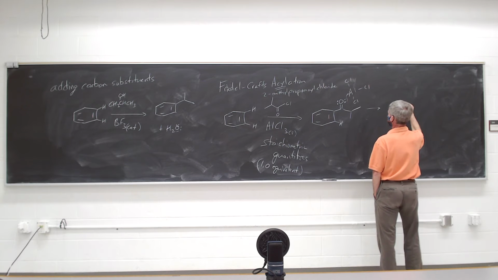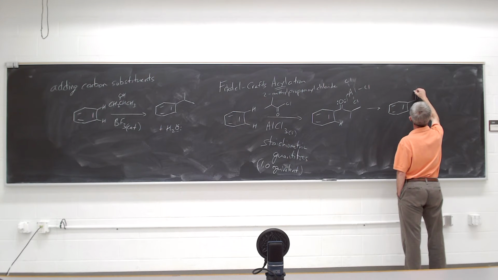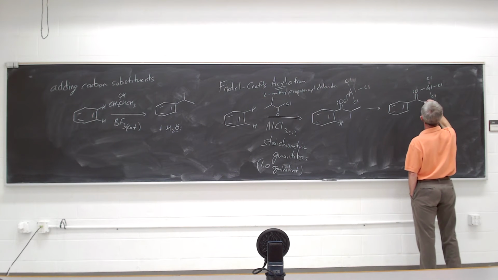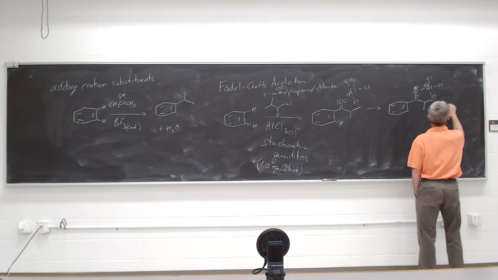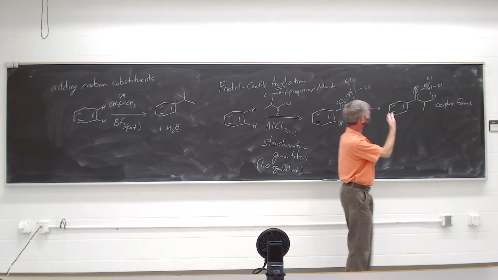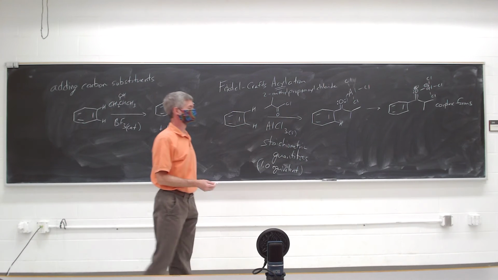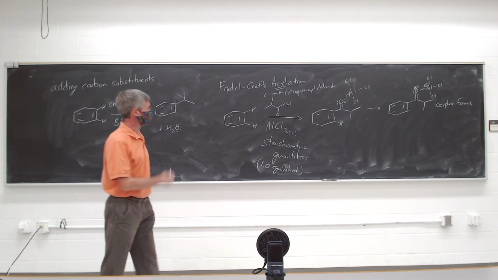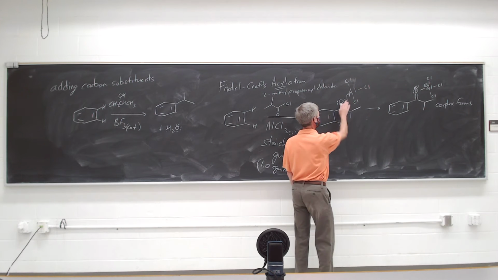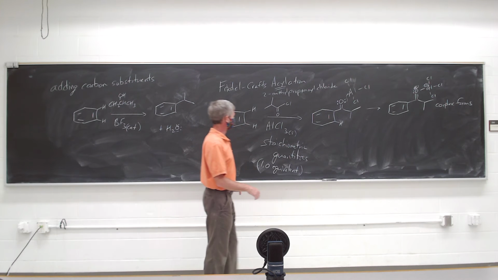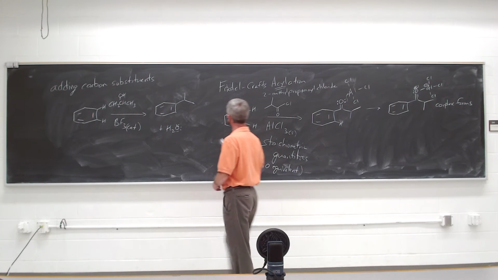And that complex will only break off when you do your acidic workup. So when you treat this with acid, you'll protonate, and you'll end up with aluminum hydroxide and HCl. But until you've done that, that aluminum chloride is binding to that oxygen and preventing it from going back and reactivating another acyl chloride.